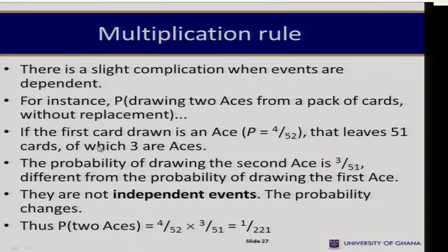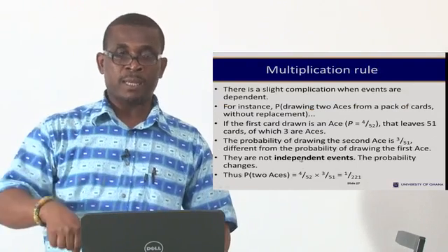Now, that leaves 51 cards, of which 3 are aces. So the probability of drawing a second card, which is an ace, is no longer 4 over 52, but now 3 over 51, which is different from the probability of drawing the first ace. So we say that these events are not independent, but rather they are dependent.